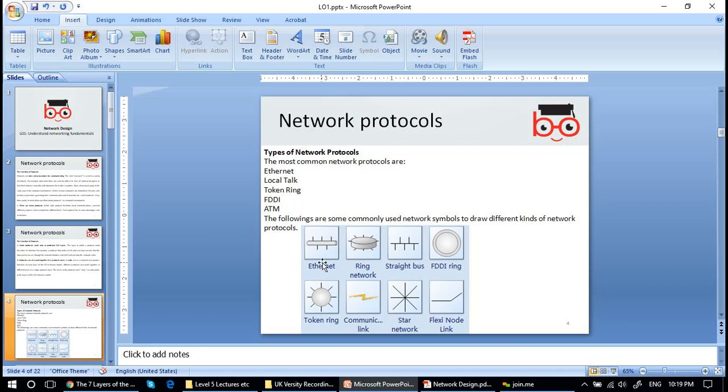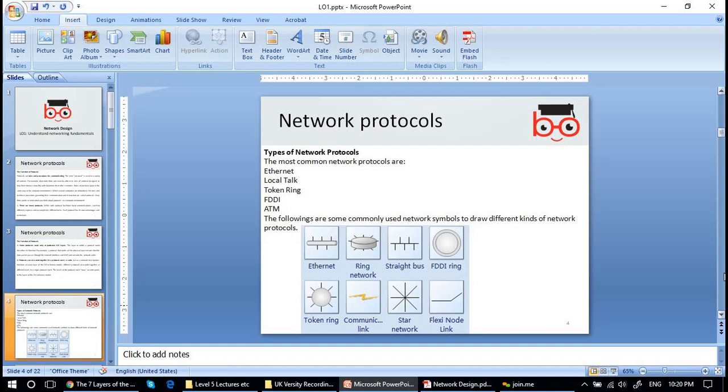If it is Ethernet, it would look like this. If it is a ring, it would look like a ring. Then straight bus, FDDI ring, token ring, communication link, star network, flexi node link. So these are basically the kinds of protocols, and they work accordingly.